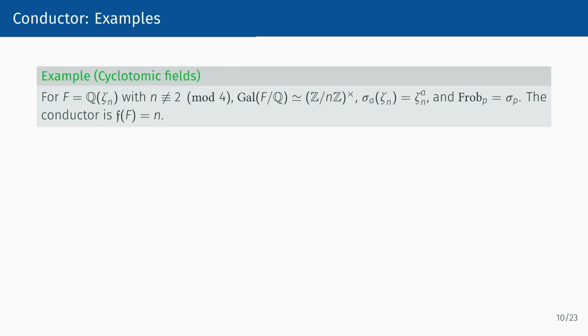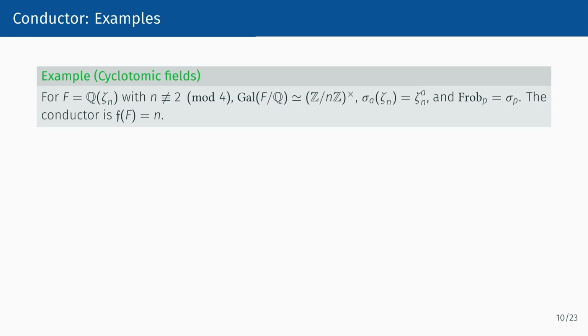Now, just to exemplify with two simple examples, what is the conductor of a cyclotomic field? If we have the cyclotomic field Q(zeta_n), the conductor is naturally n, right? That's the smallest cyclotomic field it's contained in.